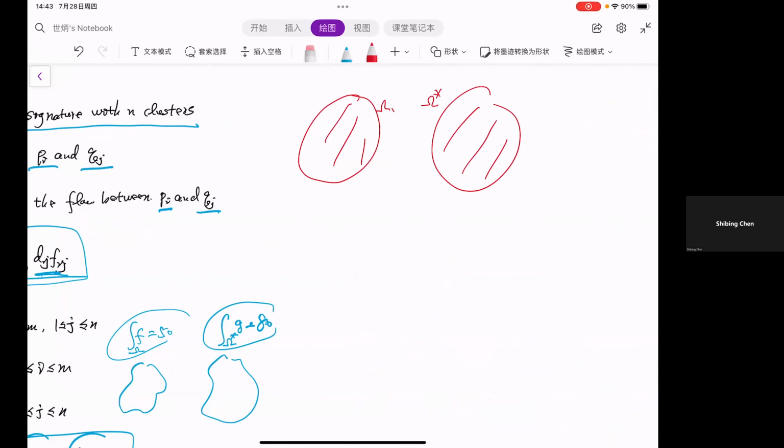The determinant of the Hessian matrix of u equals f(x) over g(Du). This is the equation in omega, and then there is a boundary condition, which is that gradient u is a mapping from omega to omega star.